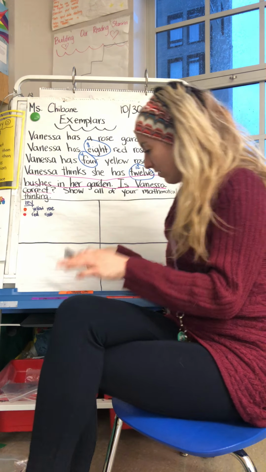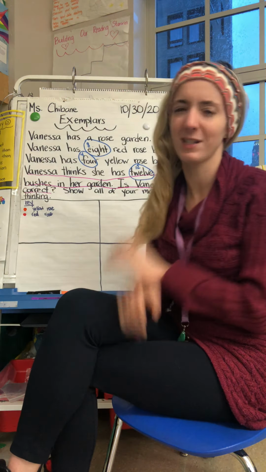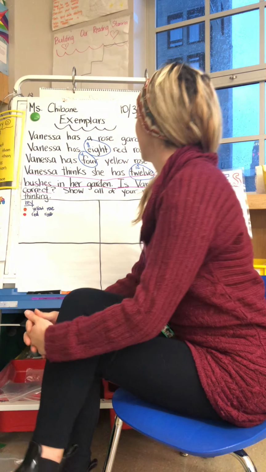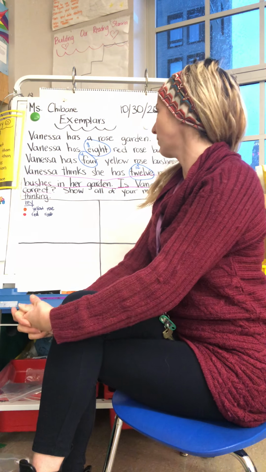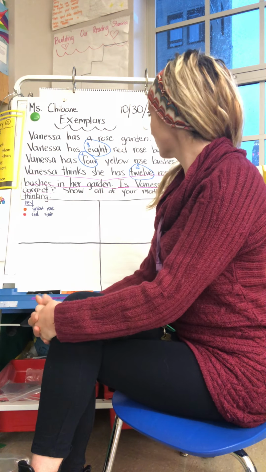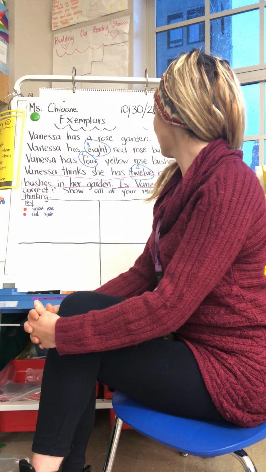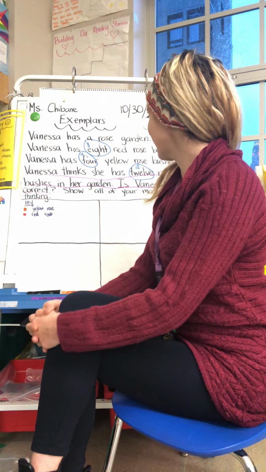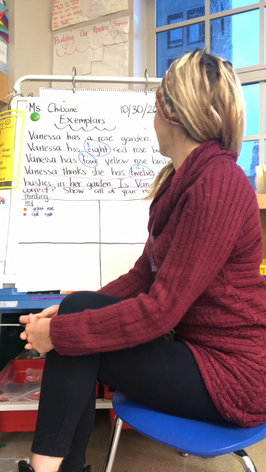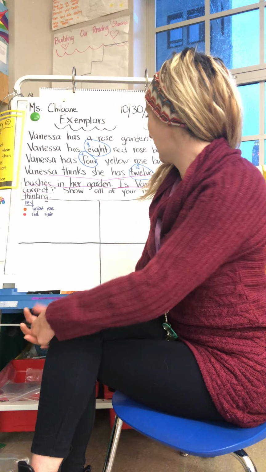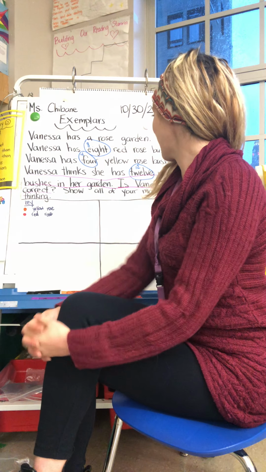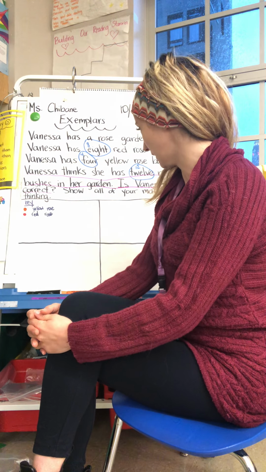Okay, now I'm going to read it actually one more time because I don't think I read it the third time. And I just want to make sure I know. So Vanessa has a rose garden. Vanessa has 8 red rose bushes. Vanessa has 4 yellow rose bushes. Vanessa thinks she has 12 rose bushes in her garden.